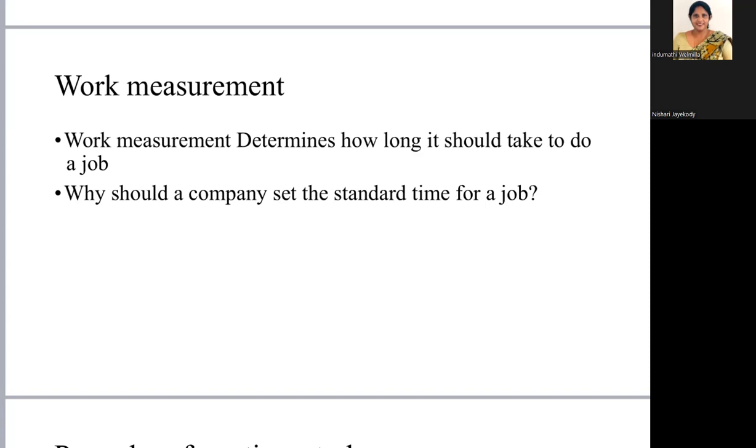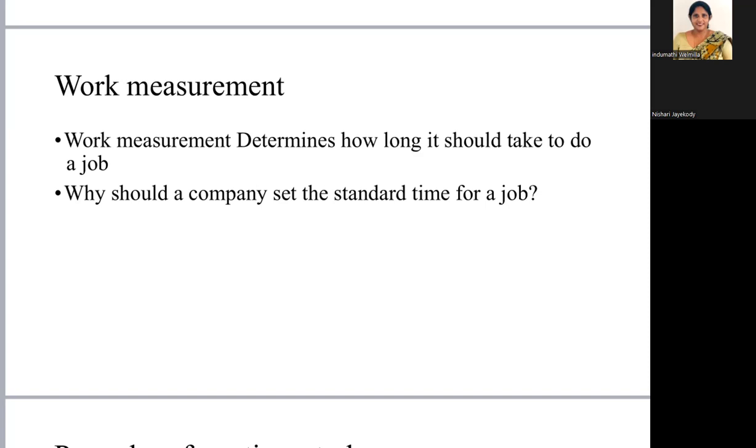And the other one is performance. Suppose the standard time shows that the worker should produce 96 units per 8-hour shift. A supervisor can then track the worker's performance and see whether that worker is reaching the standard time. If a worker fails to reach the standard time, the company should provide training to improve the worker's performance.